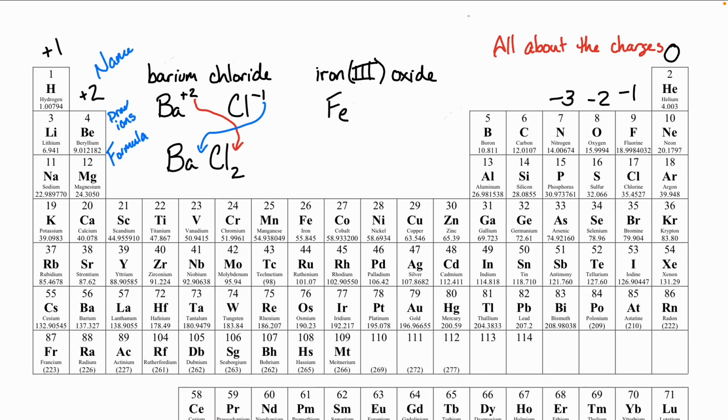So iron has the symbol Fe. What's the charge on that iron ion? That's what the Roman numerals are telling me.